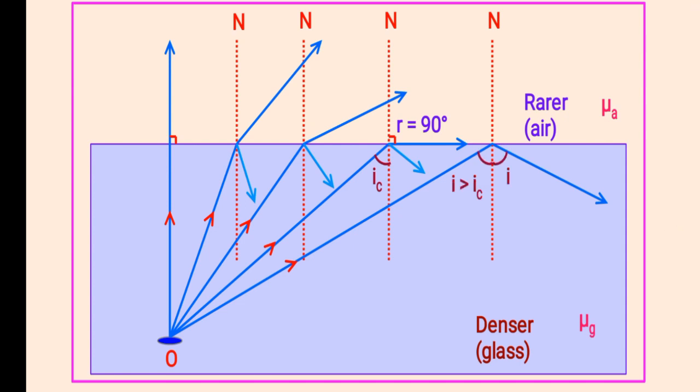The entire incident ray becomes a fully reflected ray. There is no refracted ray; it reflects inside the denser medium, on the same side as the incident ray. This is called total internal reflection.